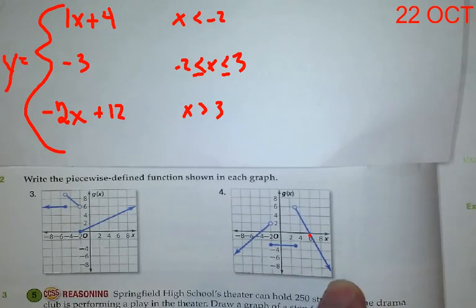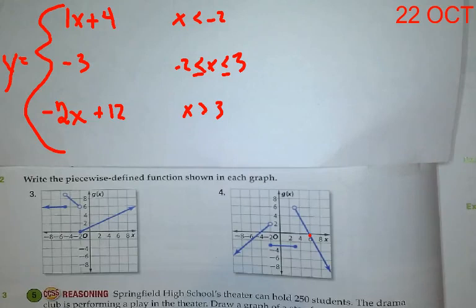So if I pick a value, like say I pick 5, where would 5 be? Well, I have to put 5 in here because 5 isn't between these two numbers, and 5 is not smaller than negative 2, right? So if I wanted to know what's the value of this at 5, I'd plug 5 into this bottom one. If I want to know what's the value at positive 2, well, positive 2 is not bigger than 3.